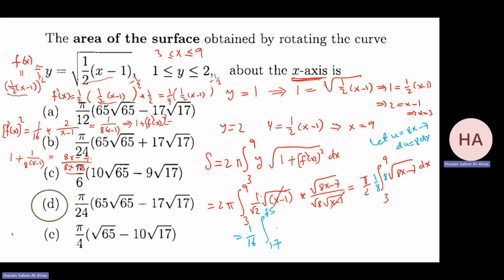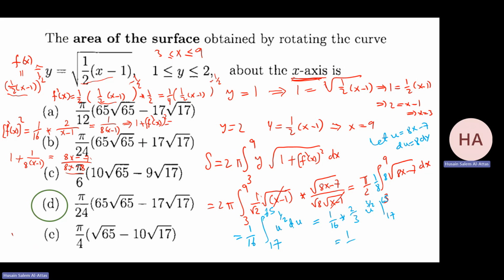U to the power half du. That will be 1 over 16 times 2 over 3 u to the power 3 over 2, from 17 to 65.